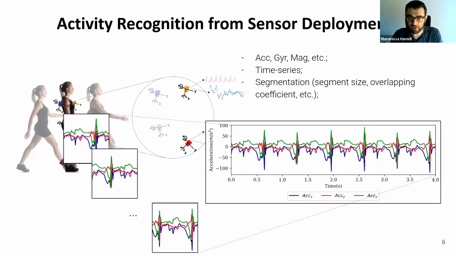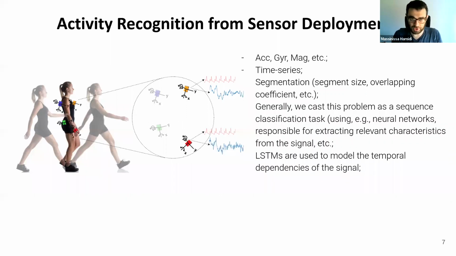Typically, the processing of such data begins with a segmentation step in which the potentially infinite sensory stream is broken up into frames of a certain size. Not too small, so as not to miss important patterns of motion, and not too large, so as not to induce noise to the process.